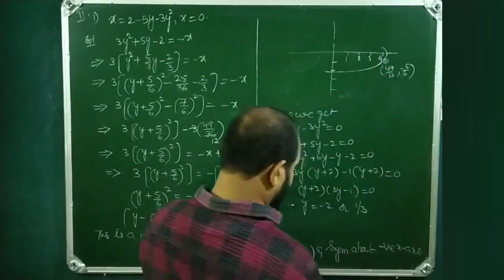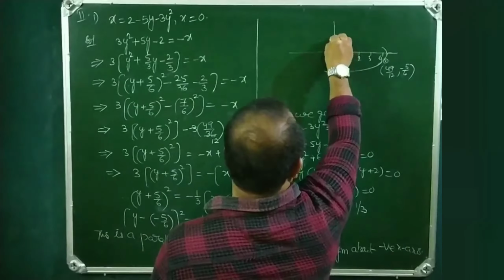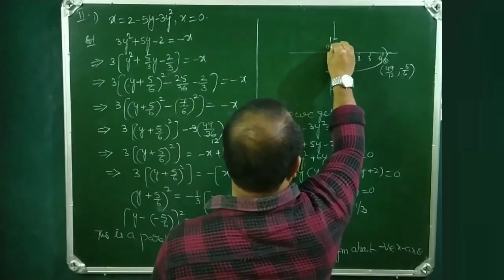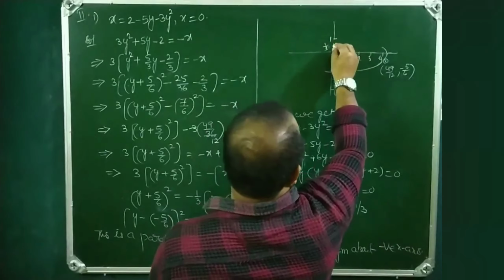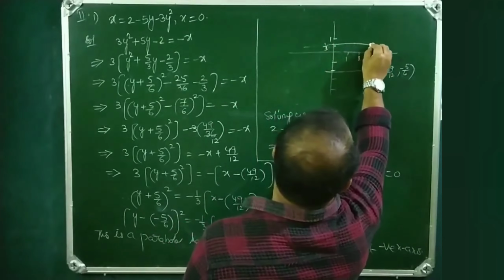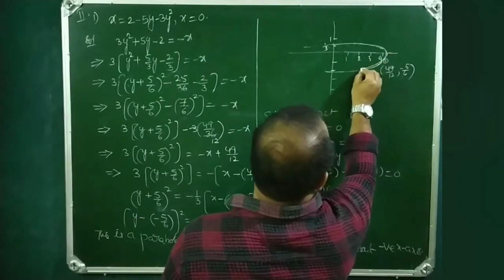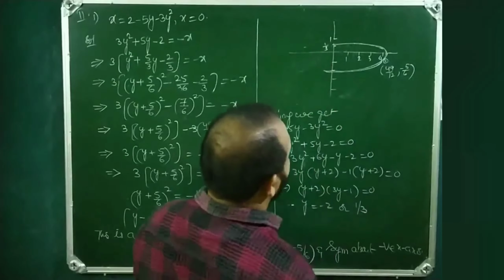My 1 by 3 is 0.33, so for example this is 1 and this is 0.33. This is 1 by 3, okay? So therefore, this is the parabola we are looking for, and this area is easy now.